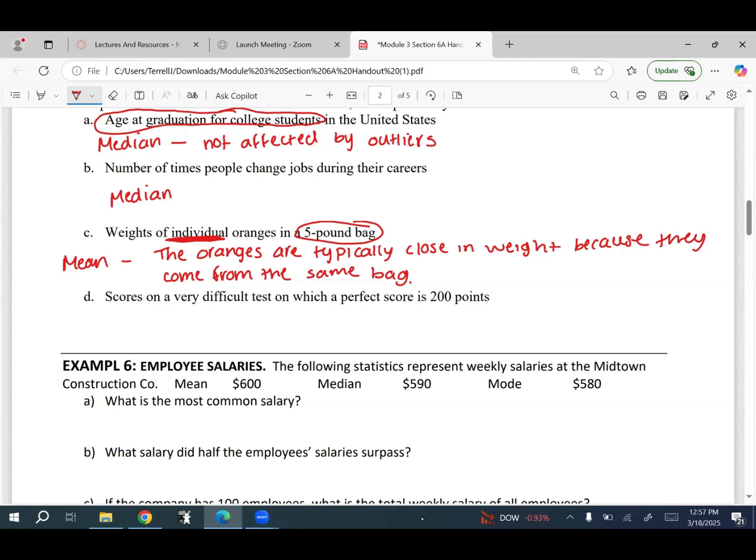So when the context is you need to take into consideration all values, all people, all objects, the mean is the best representation. All right, the mean reflects performance of all students.